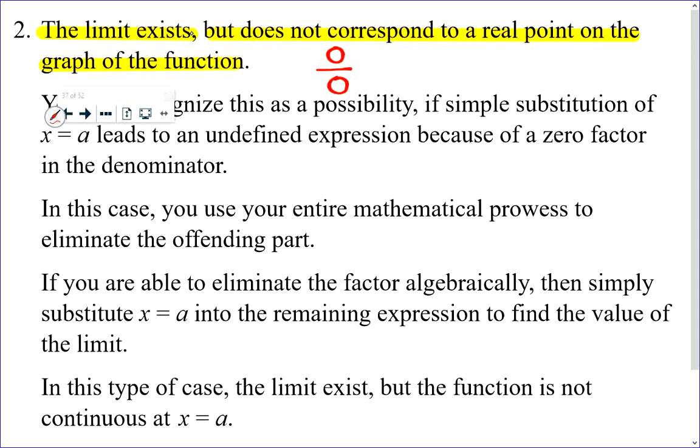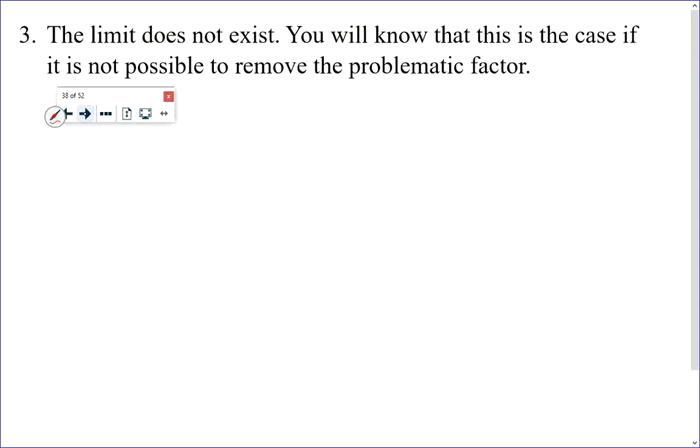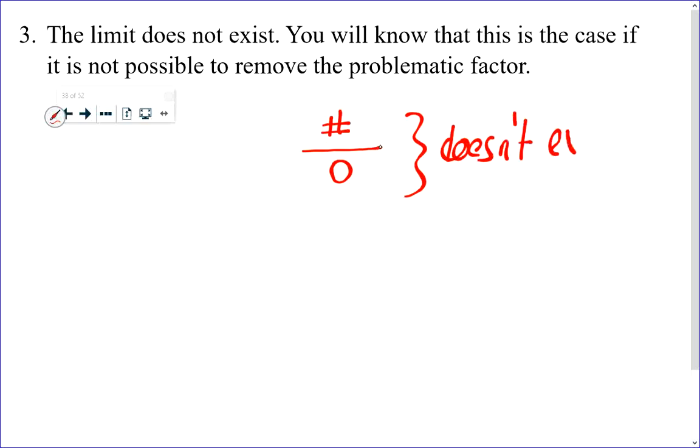The third case is the limit does not exist. And sometimes what you will do when you go ahead and put x equals a in, you will get division by 0. But if you get a non-zero number on the top, this is telling you the limit does not exist. 0 over 0 is telling you it probably exists.